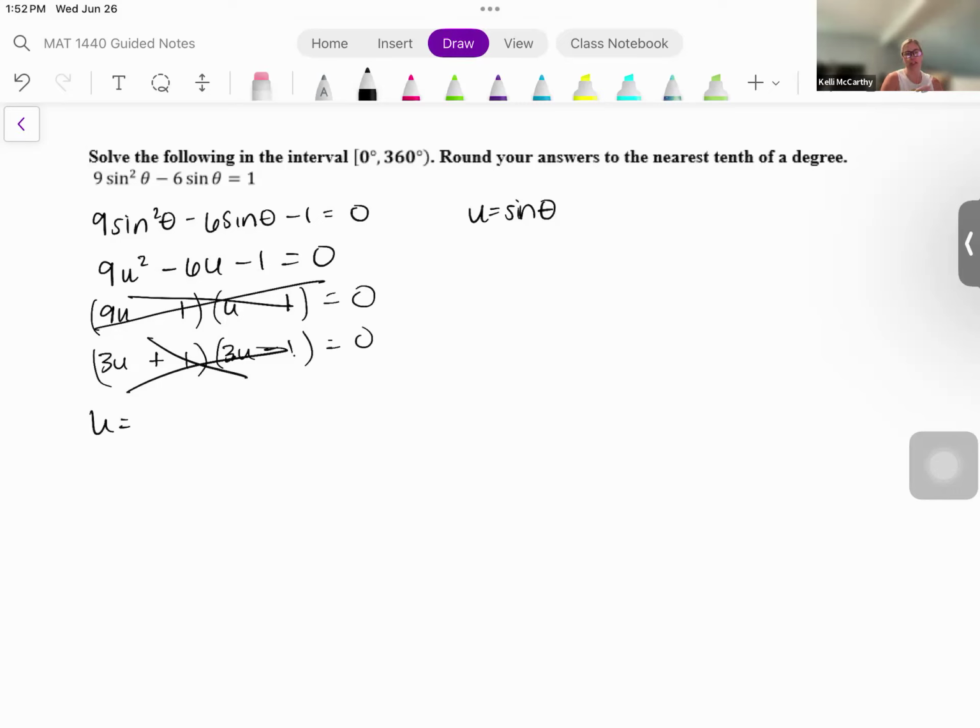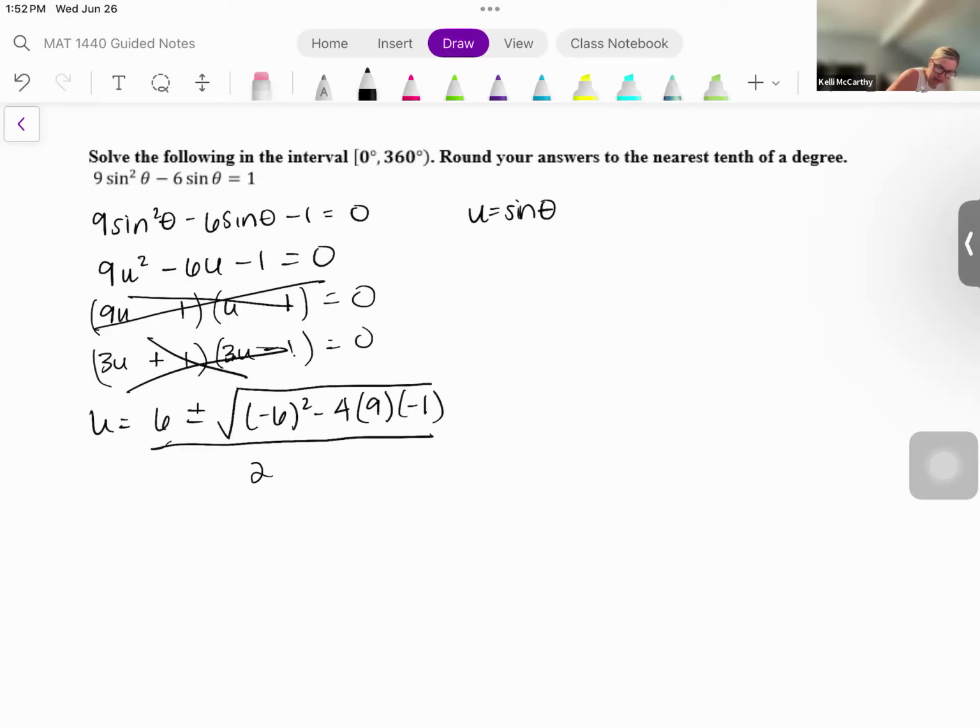The quadratic formula is usually x equals, but because our variable here is u, it's u equals -b plus or minus the square root of b squared minus 4 times a times c, divided by 2 times a.